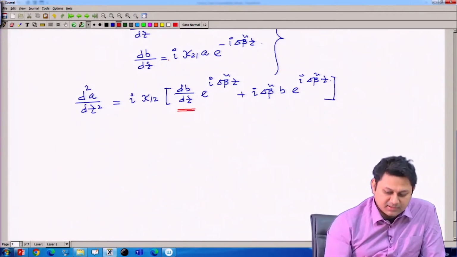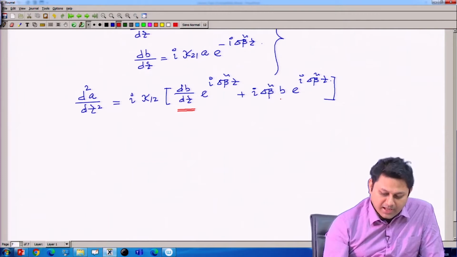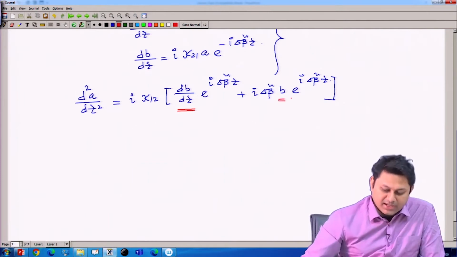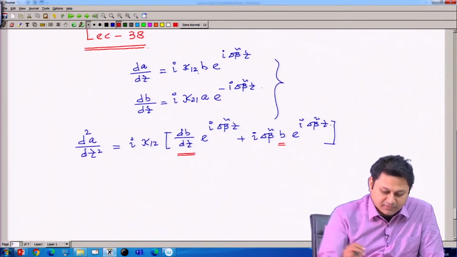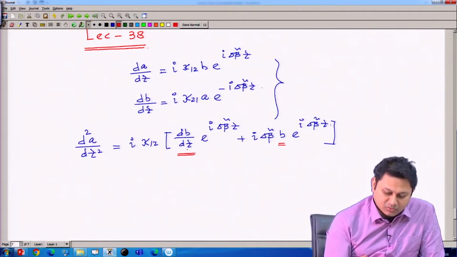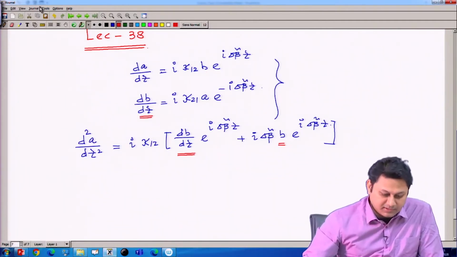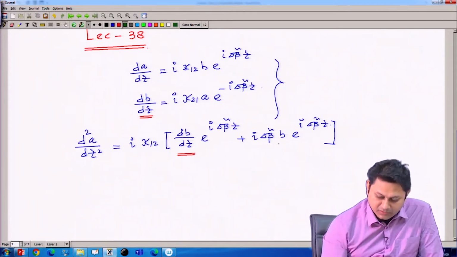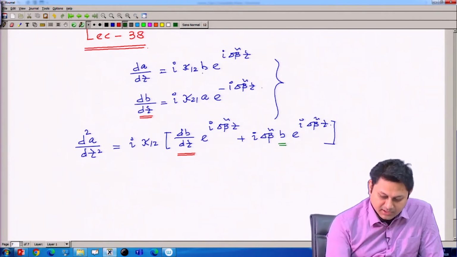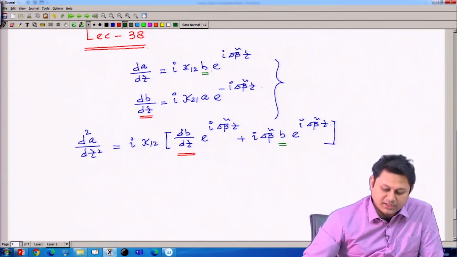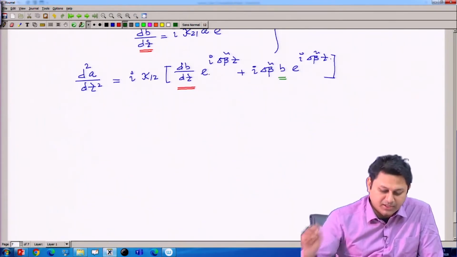So I can replace this term here, and also I have a b here which I can replace from the first equation itself. I am going to replace this, so the entire equation will come into the form of A.